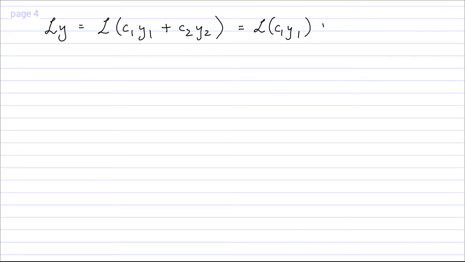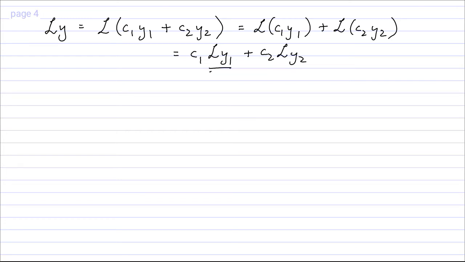Checking it out is straightforward because I am dealing with a linear differential operator. So L acting on y is L acting on (c1 y1 plus c2 y2). Then using the property that this is a linear operator, you have L acting on c1 y1 plus L acting on c2 y2, and then again using linearity, you have c1 L y1 plus c2 L y2.